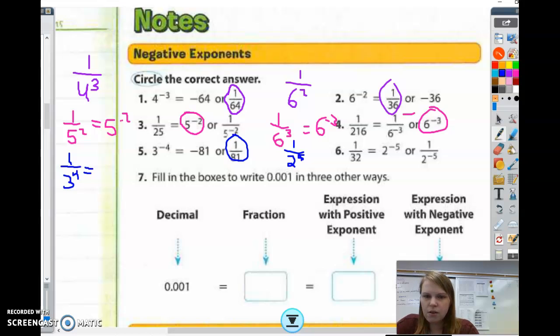If so, then 1 over 2 to the 5th power would be the same as saying 2 to the negative 5th power. I know this is tricky, guys, because the exponent has a negative, so it seems like something in our answer should have a negative here. Okay, so this one should be it. It seems like the number out in front should have a negative at some point, but we're only dealing with the exponent in this case. We're not messing with the positive or negative of the number out in front.